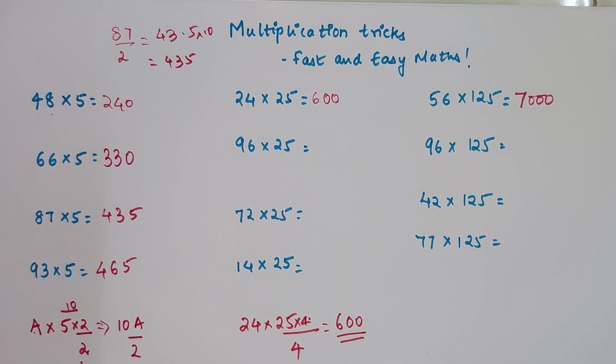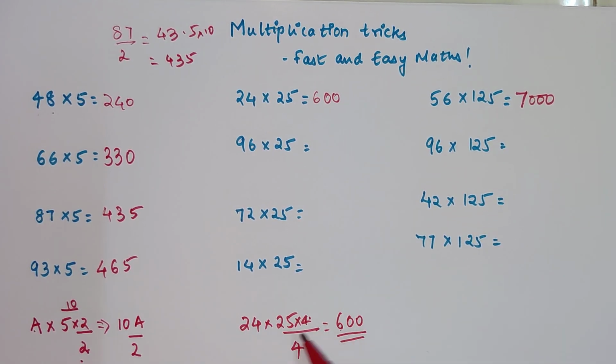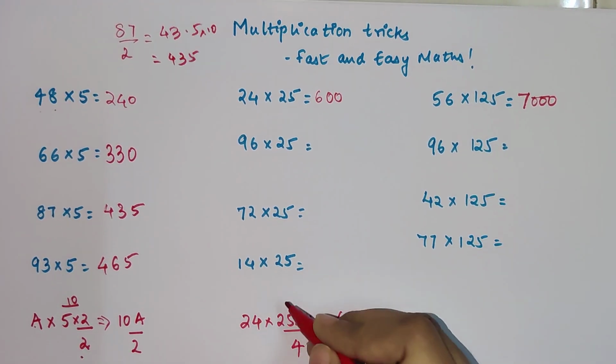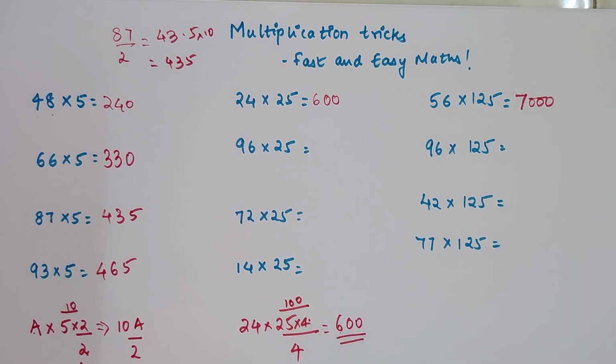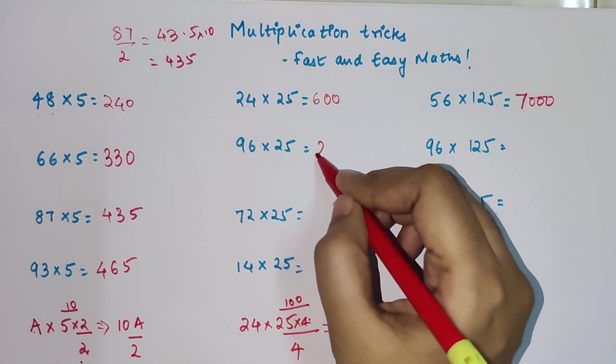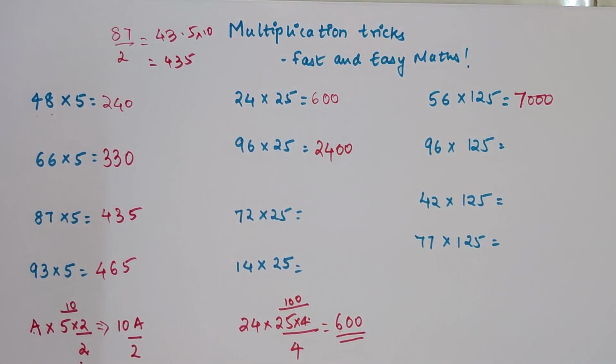So 24 when divided by 4 is going to get you 6, and then you add 2 zeros. Why? Because you're still multiplying by 25 into 4, which is going to get you 100. So 96 when divided by 4 is going to get you 24, and you're going to add just 2 zeros in front of it.